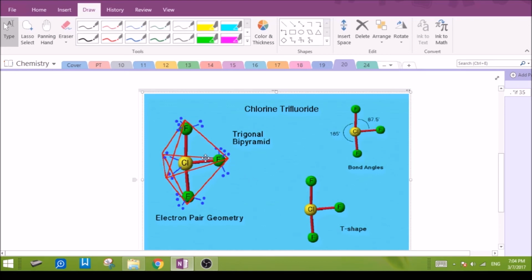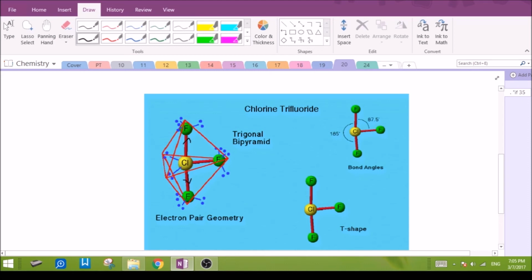Now, fluorine is much more electronegative than chlorine. These two fluorine are almost vertical to each other. These two fluorine, the dipoles can be considered to cancel each other out.